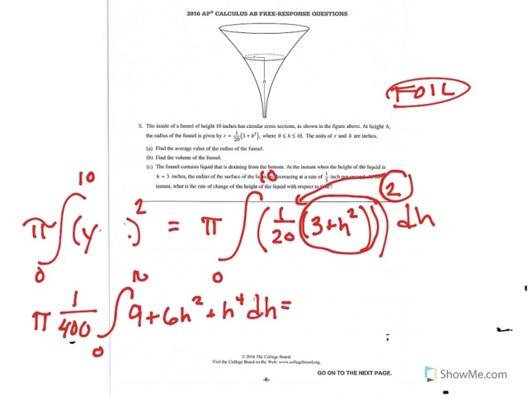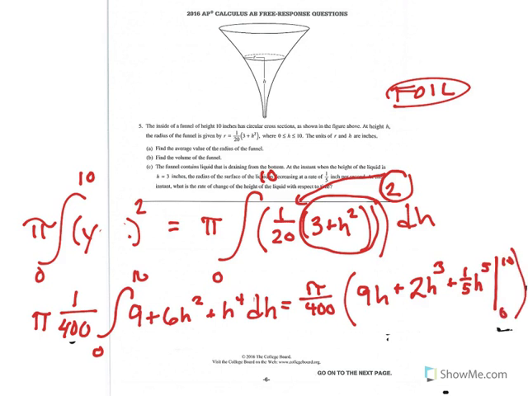So now I'm ready to integrate away. I'm going to keep my pi over 400 outside, and I'm going to integrate, and I'm going to get 9h plus 6 over 3, which is 2h to the third. How do I know? Bring that down, I get 6h squared, plus 1/5 h to the fifth from 0 to 10.